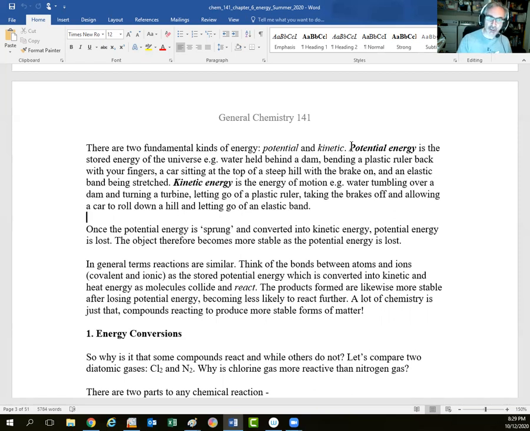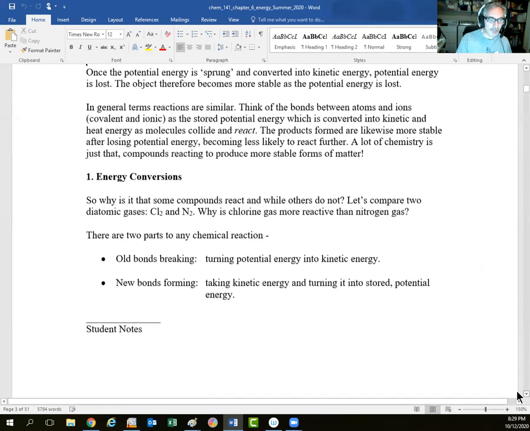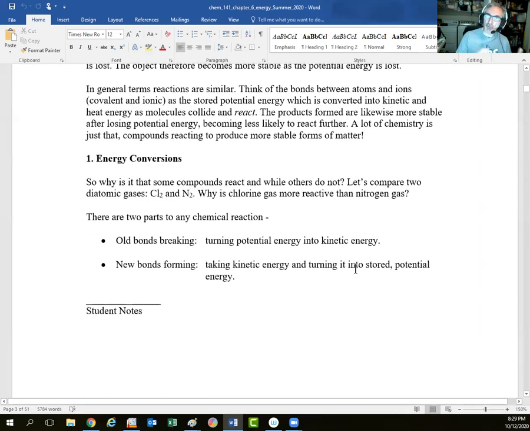So in a chemical reaction, the molecules with their atoms bonded together show us the change from potential to kinetic and kinetic to potential. Any chemical reaction normally involves breaking bonds and making new bonds. And that breaking of the existing bond or old bond turns the potential energy of the atoms stored in that chemical bond into kinetic energy as the atoms become free and start moving around.